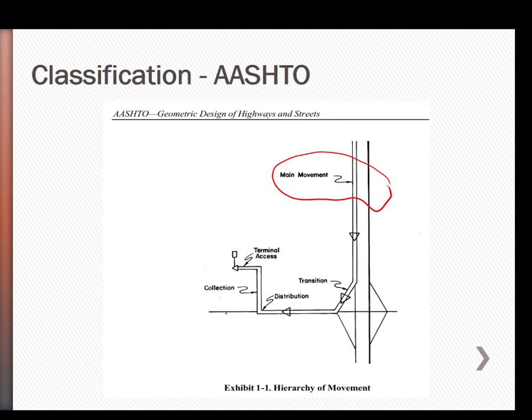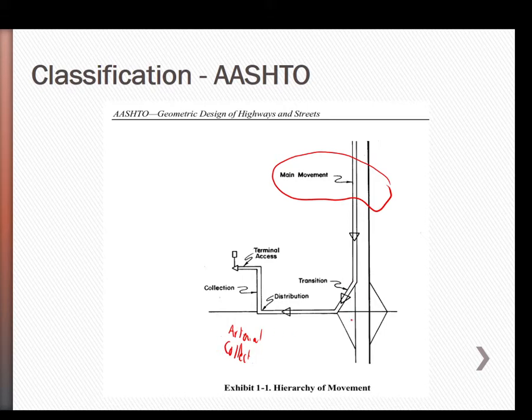Usually these roads are either one of two, either what we call here an arterial or a collector, the ones that we just talked about. If it's a big road that still holds heavy traffic, it's probably an arterial. If it just collects traffic to a bigger road, we call it a collector.